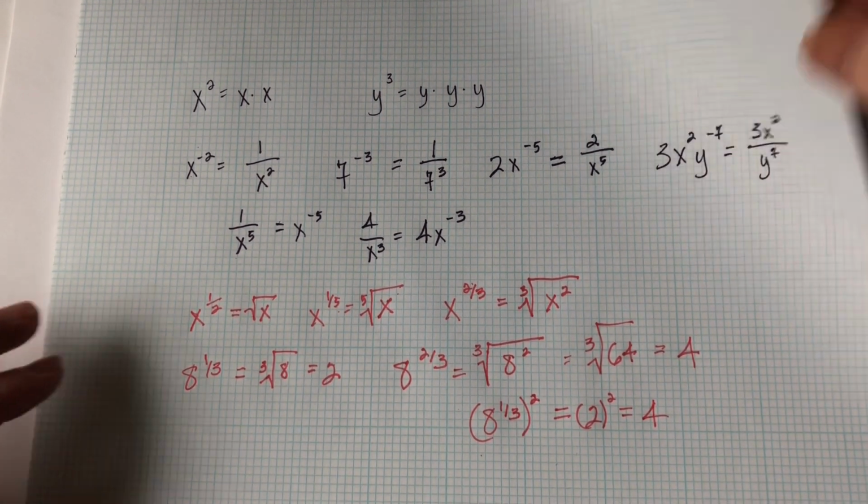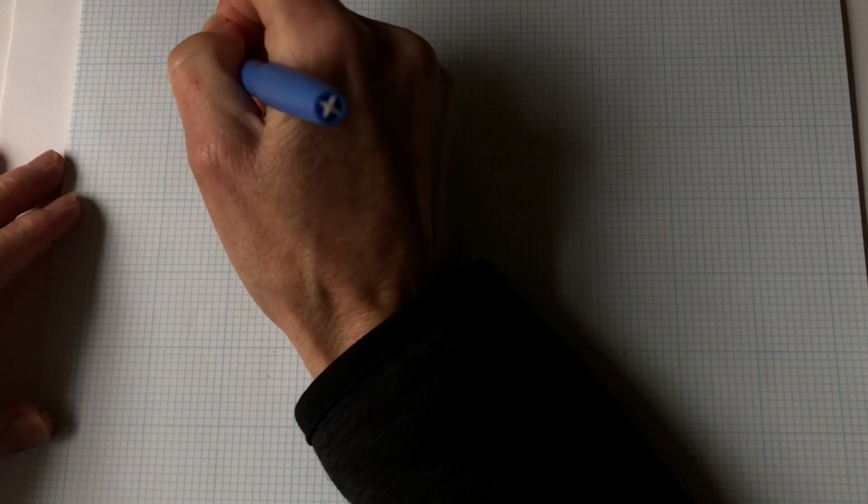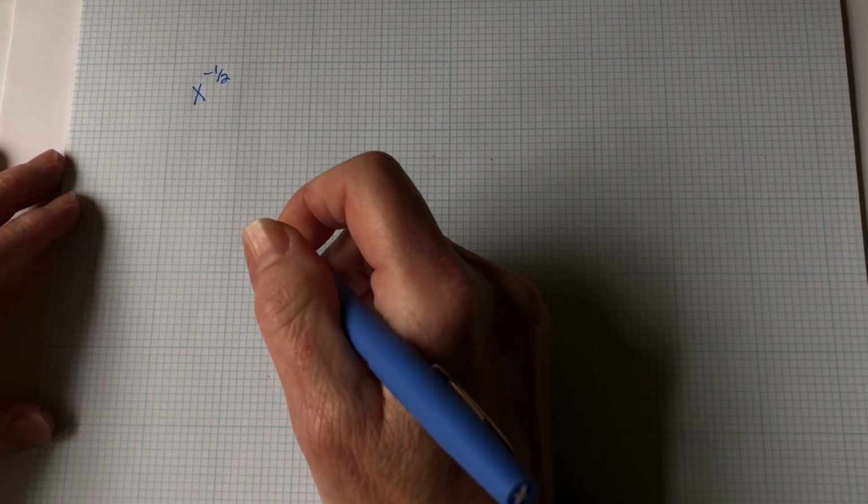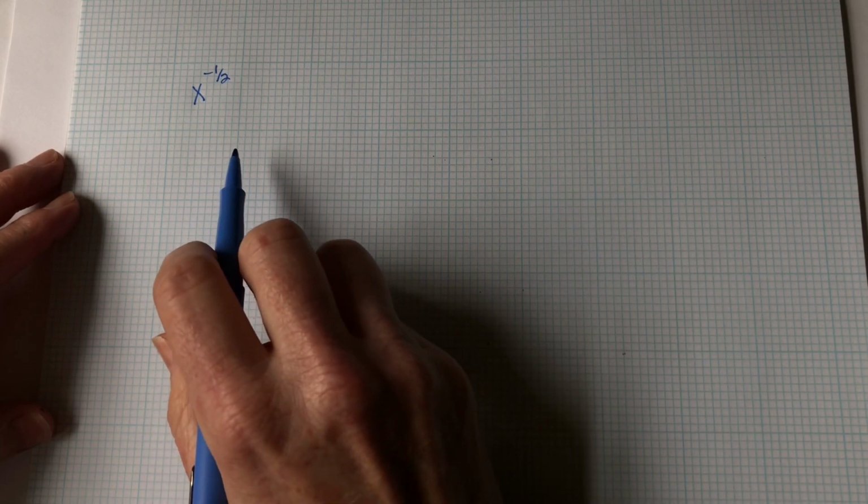So let's take a quick look now at what happens if we have both a negative exponent and it's also a rational exponent, so x to the -1/2. So for this type of expression, I strongly recommend handling this in 2 steps.